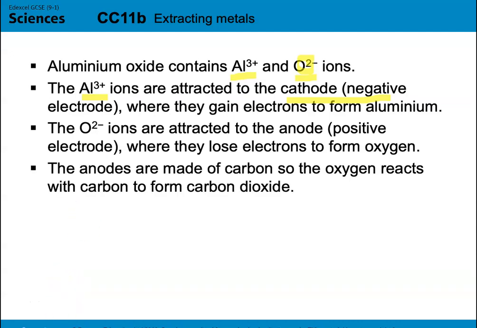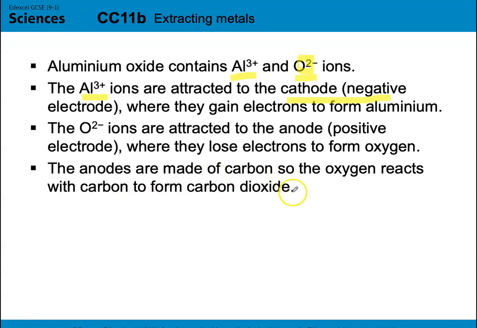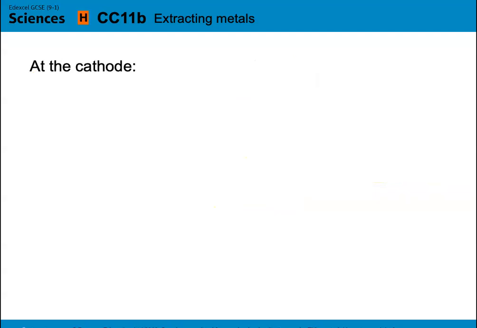So the reactions are the following. Just to go back a bit, the electrodes are made from carbon, and because carbon reacts with oxygen to form carbon dioxide, the electrodes have to be replaced regularly, and that also adds to the cost of extracting aluminium by this method. Okay, the reaction at the cathode is Al3+ plus 3 electrons forms aluminium.